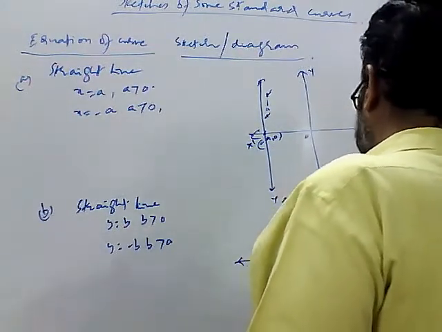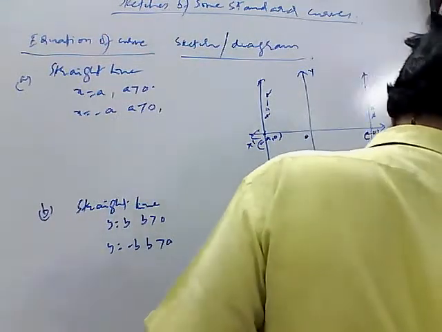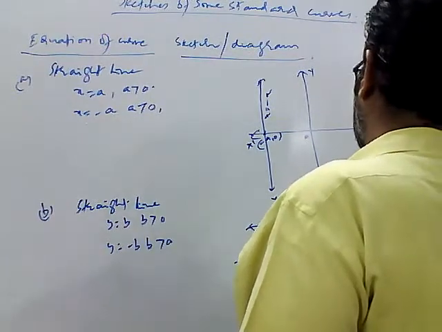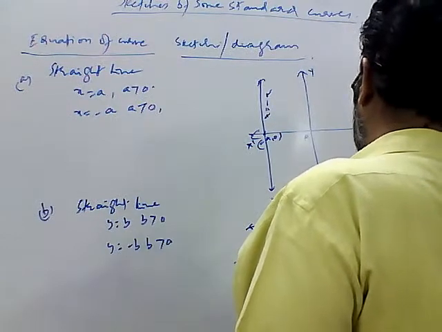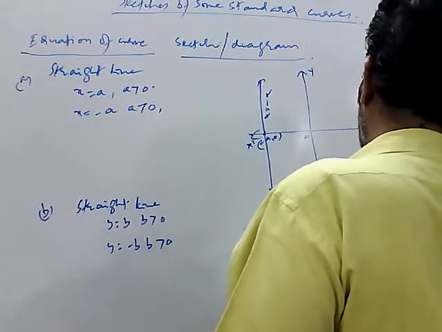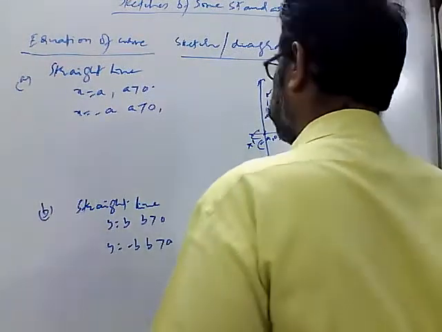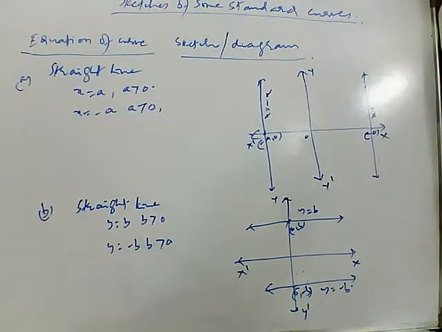This is y dash, and this is x dash. 0 b, 0 minus b, y is equal to minus b. Like this, you will get the sketch. Now, these are the standard sketches. You can use them.